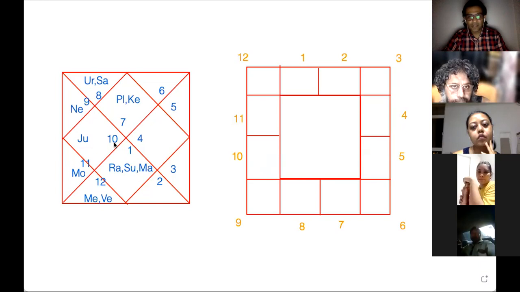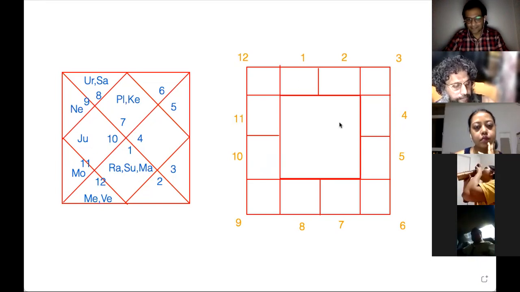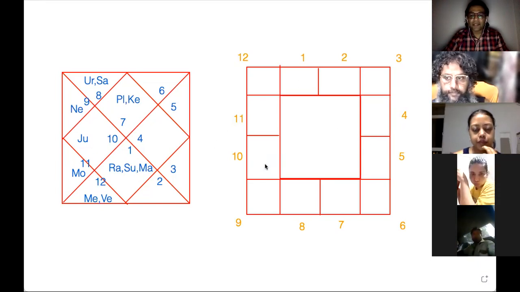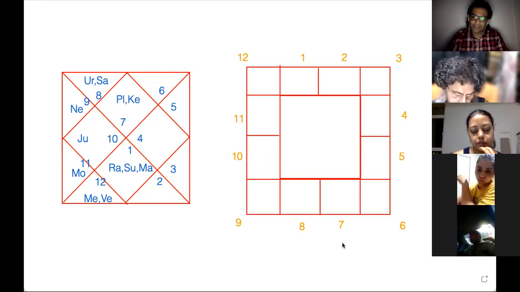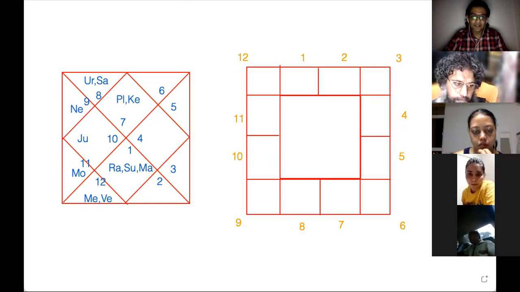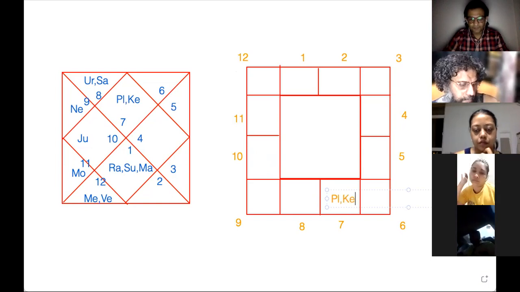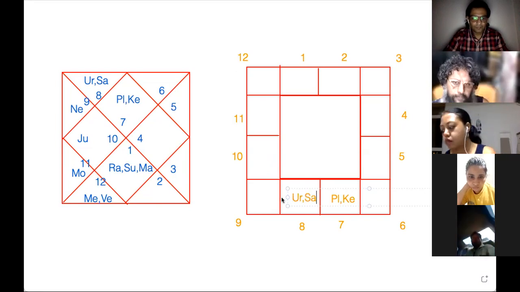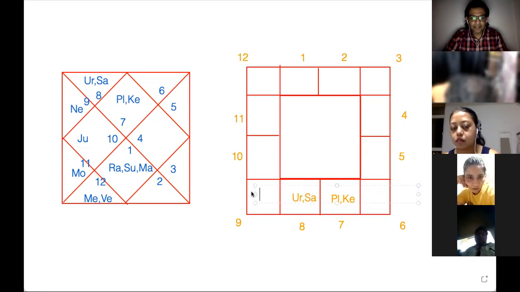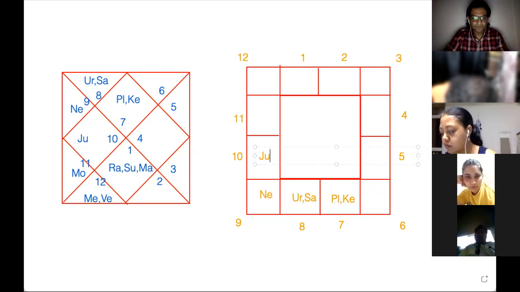So here houses are fixed, here Rashis are fixed. Now let us put the planets in those Rashis, because planets and Rashis will remain the same whichever type of charting you do. So in the 7th Rashi, which planets will come? Pluto and Ketu will come here. In the 8th Rashi, Uranus and Saturn will come. In the 9th Rashi, Neptune will come. In the 10th Rashi, Jupiter will come.